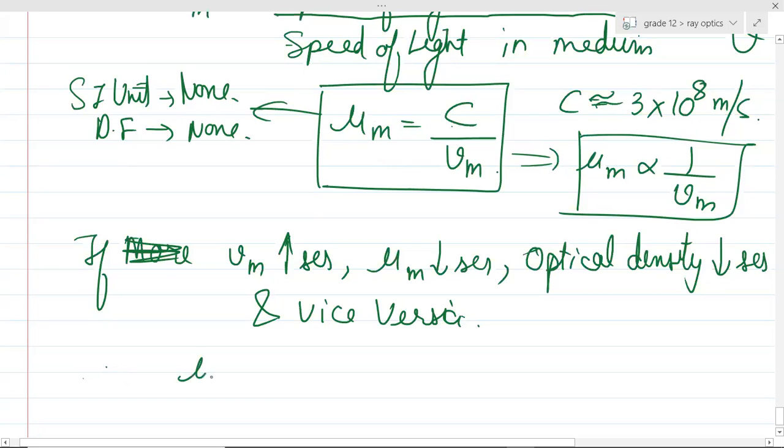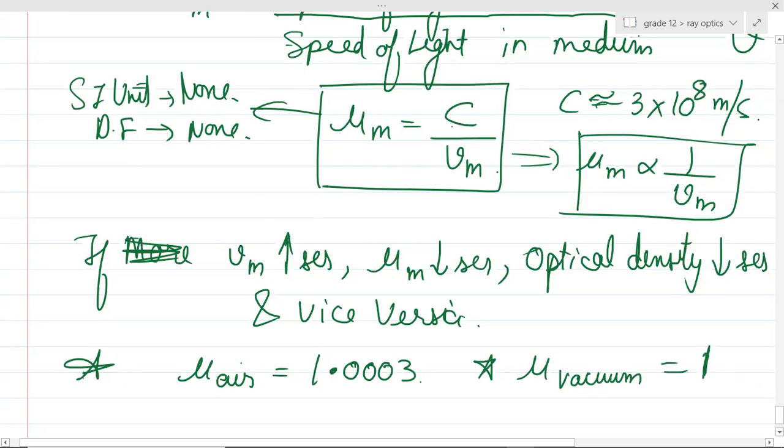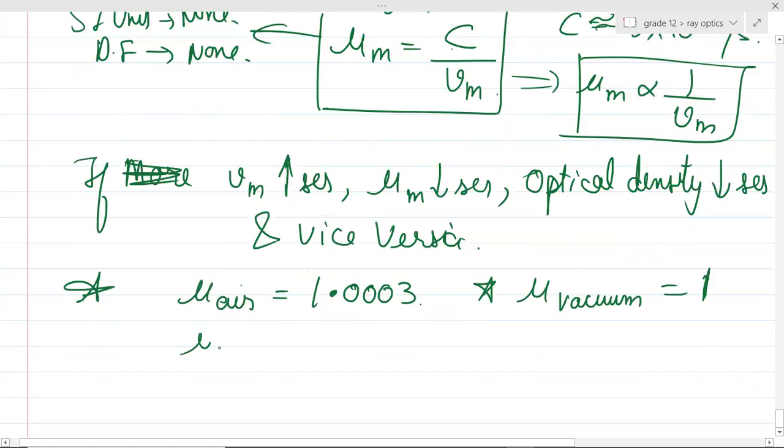The absolute refractive index of air, we take it as 1.0003. The refractive index of vacuum, we take it as exactly 1. The refractive index of water, we take it as 4 by 3 or 1.3333.